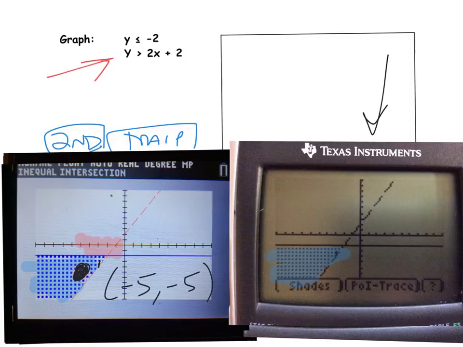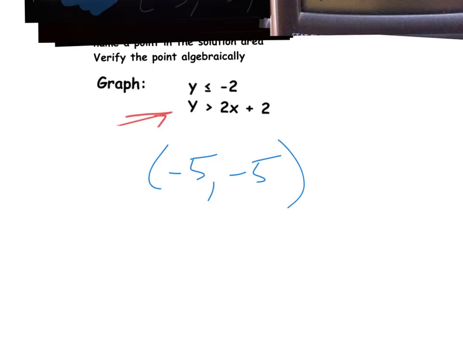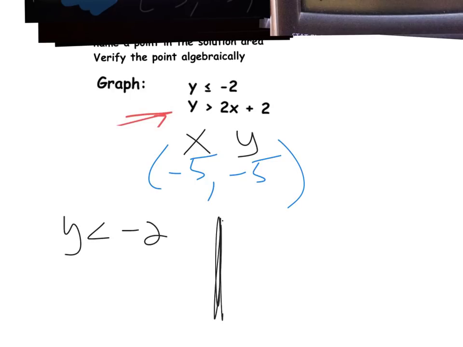So I'm going to choose -5, -5, and now I'm going to verify that that point checks both inequalities. For my point -5, -5, both the x and the y are -5. So I'm going to write out each inequality and now plug in and verify.